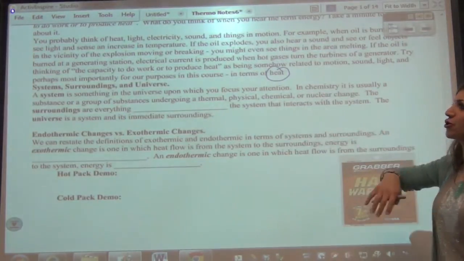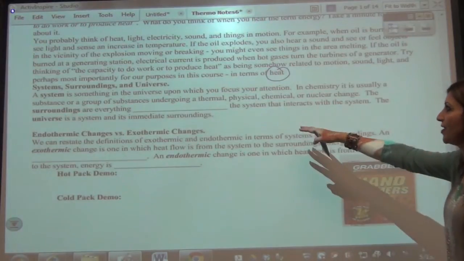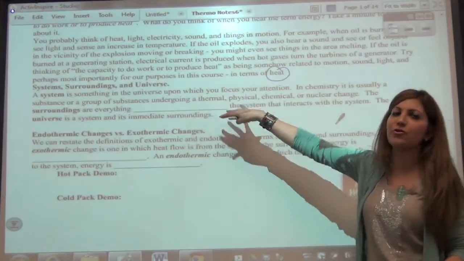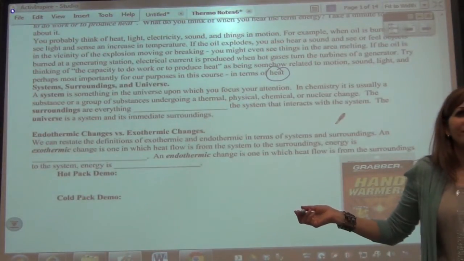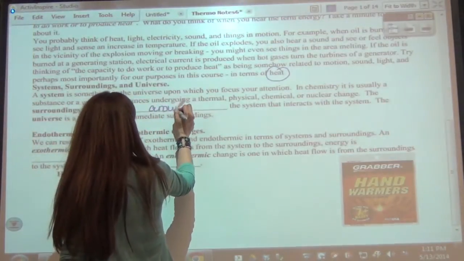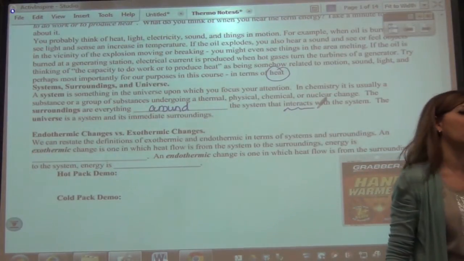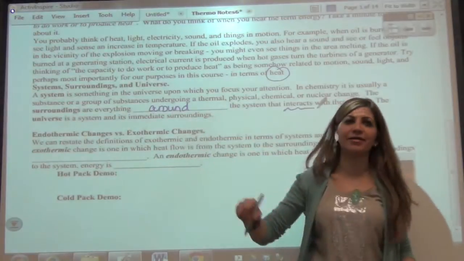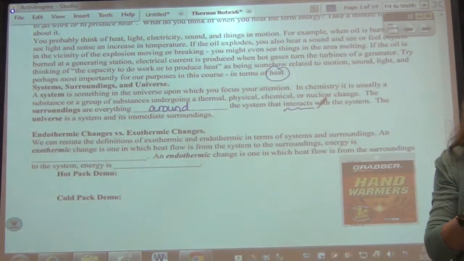In chemistry, it's usually the substance or mixture of substances that are undergoing some type of change, whether it's nuclear, physical, or a thermal change. The surroundings are just everything what? Yeah, around it. Perfect. It's just everything around the system, everything that interacts with the system. That's what you're going to call the surroundings. And the universe is both the system and its surroundings. It's both of them together. Okay?